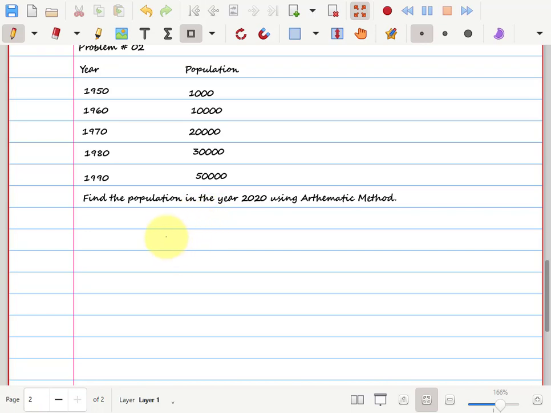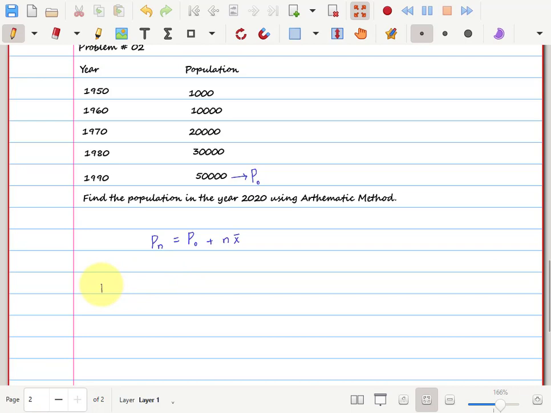Our formula was Pn is equal to P naught plus n x bar, right? So this is the population of the latest year, P naught, right? So now we need to find n and x bar.